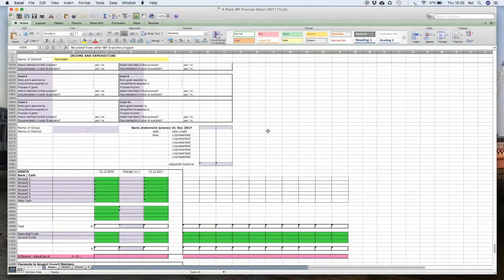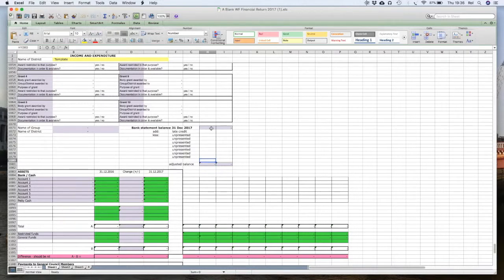So on columns H and I, you can see there are two sets of figures you can fill in on the top line where Roland's showing. Fill in there on the purple line the bank statement balance, and then below it add any late payments into the bank, and then as negative figures put unpresented checks in underneath.